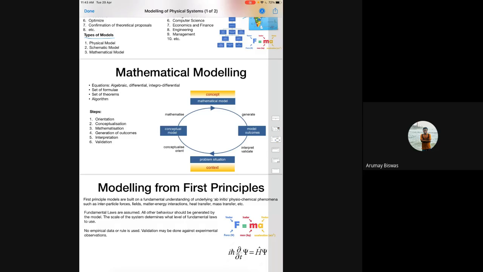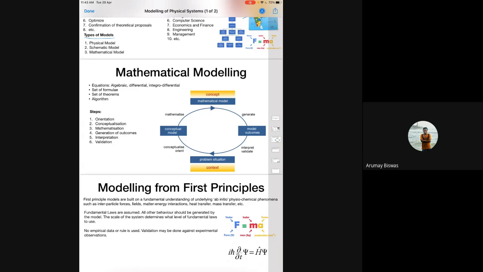So mathematical models have different components, among which the equations are the most important. So they tell you the interdependencies of the variables and parameters in your system. You might have a set of formulae for computing derived quantities. You might have a set of theorems governing the domain of your model.